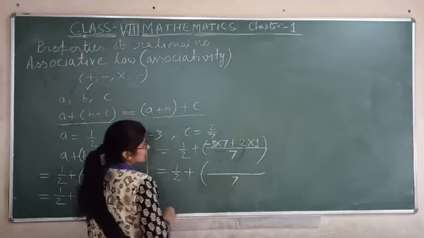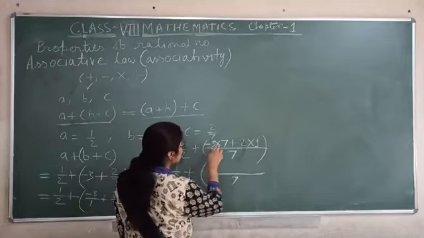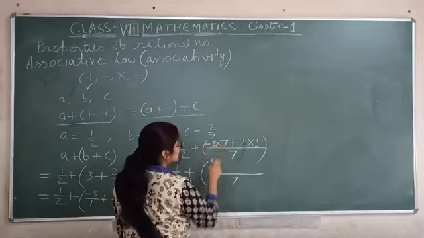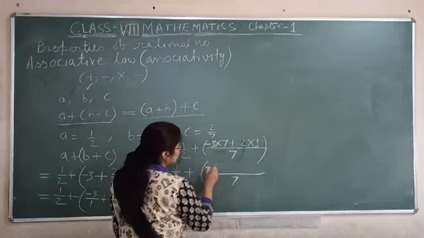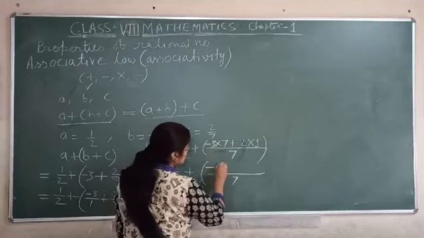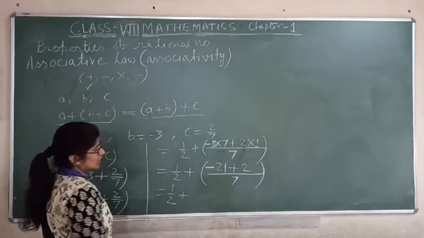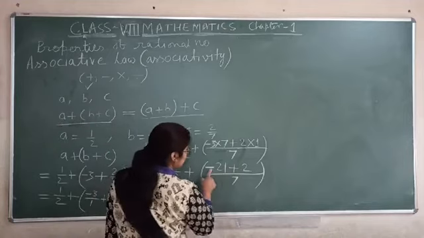So this is negative into positive, plus into minus, minus 7 threes are 21, plus 2 ones are 2, bracket close. Then half as it is, you have plus. Now look, one is positive, one is negative.